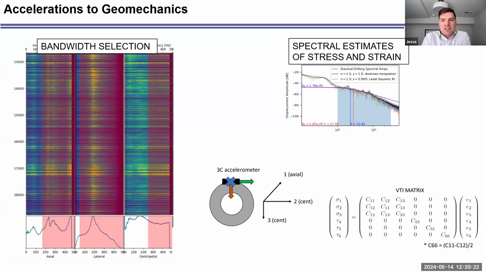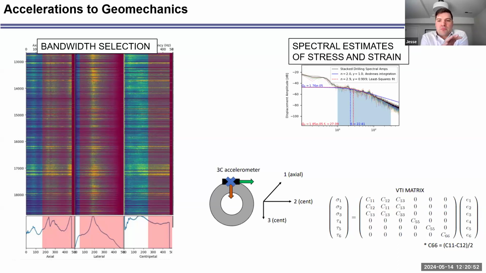So once we've selected the bandwidths, then we can make our spectral estimates. These come from seismology. They happen in the frequency domain. And with them, we can estimate the stress and strain of the rock. Once we have that stress and strain, we've gone through a lot of testing to figure out where exactly to place that in an elastic model.